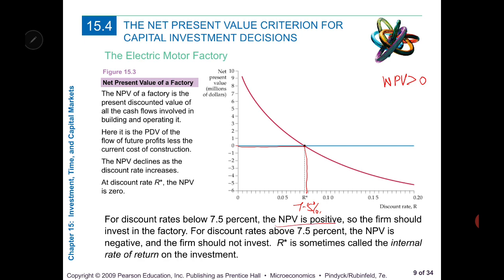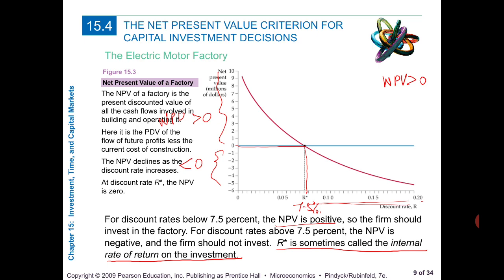The NPV is positive, it is greater than 0. But at or higher than a 7.5% discount rate, the NPV is less than 0. That means you shouldn't be investing. So it's the 7.5% that is what we call the internal rate of return of the investment. The investment is only possible with a minimum expected rate of return, which is 7.5%. Otherwise, you will not make that investment.